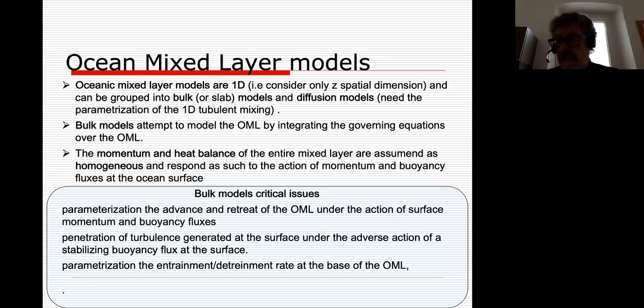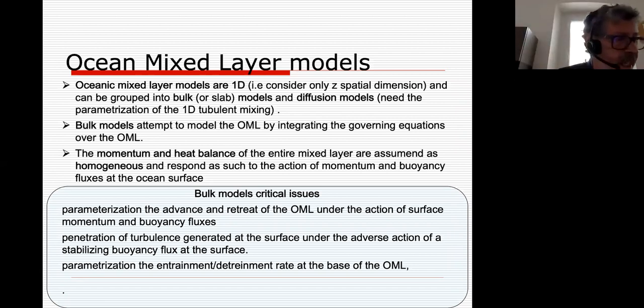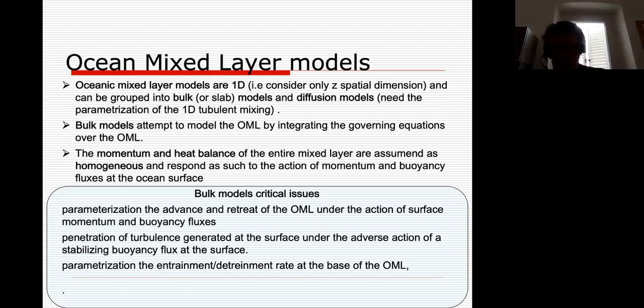That makes this formulation simple because you can reduce the dimension of the problem. And you can express, as we saw in the next slide, this dynamics in terms of temperature and depth of the mixed layer.